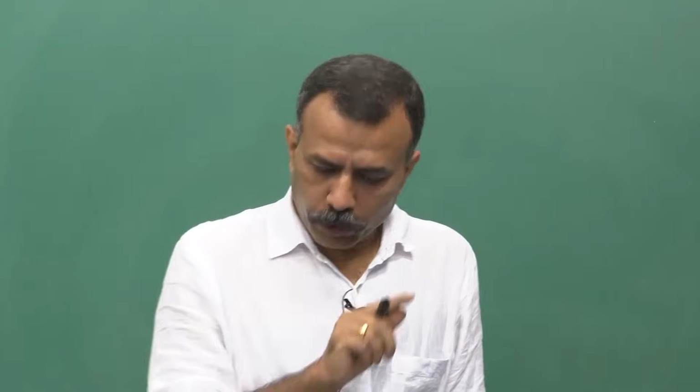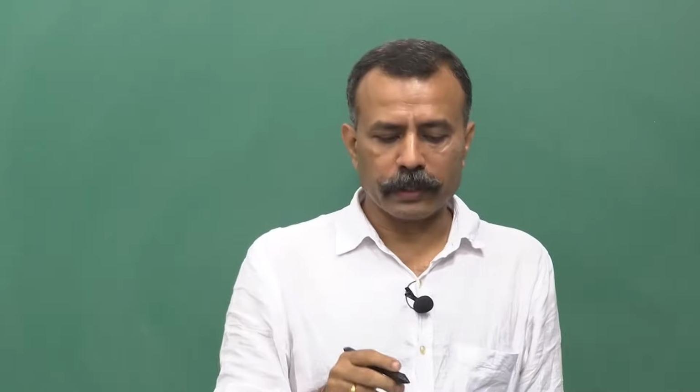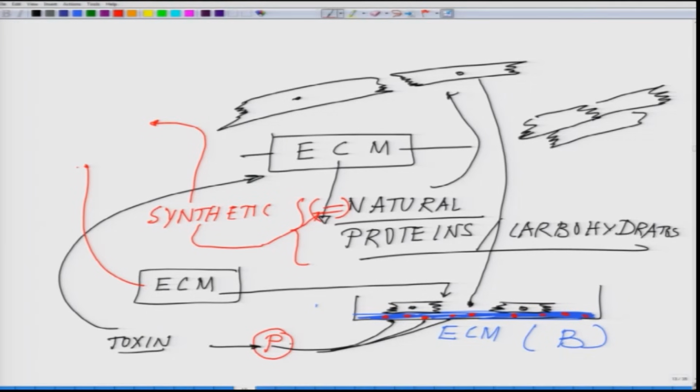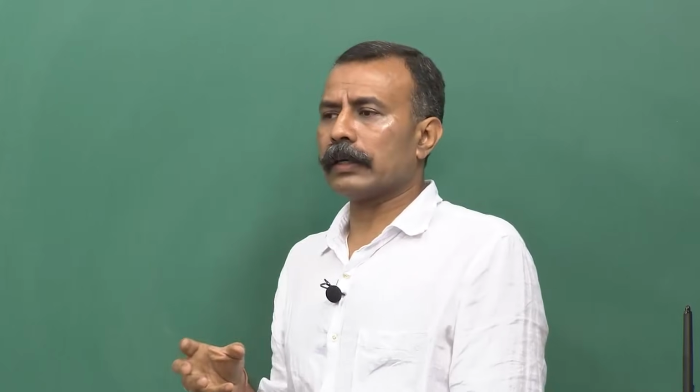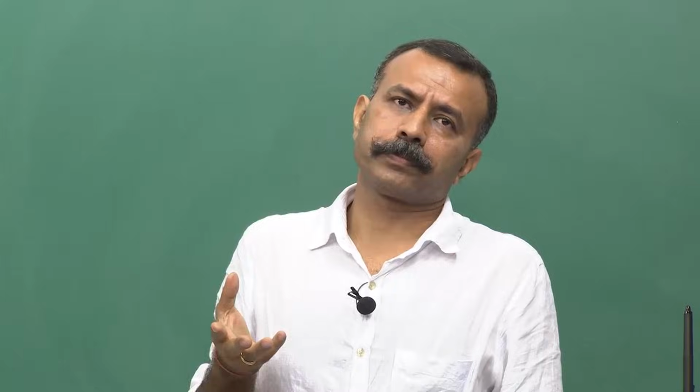Because I told you there is another very interesting thing related to this extracellular matrix protein. That is, coming back to this picture, when you talk about carcinomas or cancer cells, what really are cancer cells? Cancer cells originate from your own body.